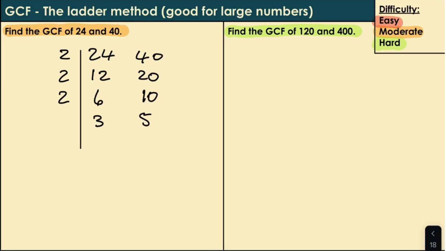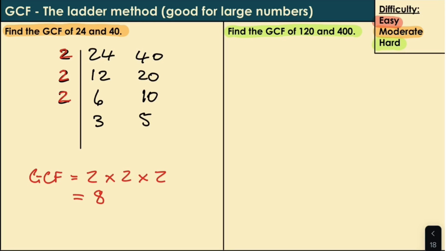Do 3 and 5 have common prime factors? No. So that means to get our greatest common factor, we multiply those numbers down the side and we get 8. That is our greatest common factor for 24 and 40.